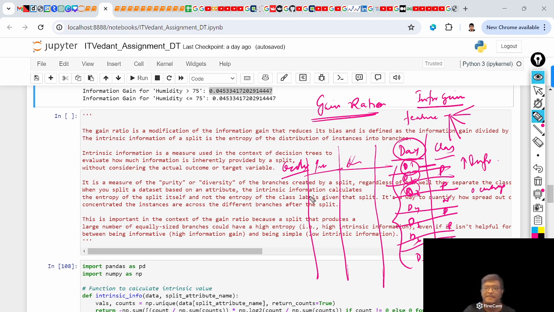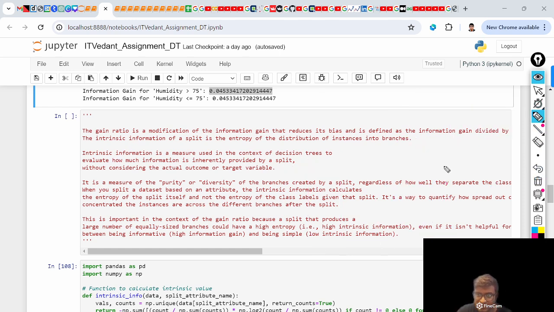Okay, so researchers found that in order to overcome this problem with information gain, they came up with a concept called info gain ratio. What is this all about? It basically penalizes the information gain for the particular element of the feature.